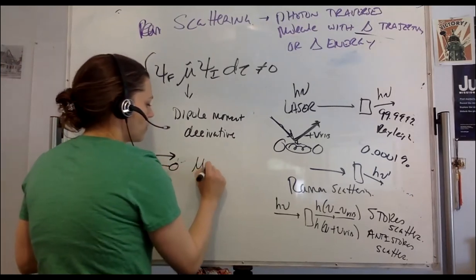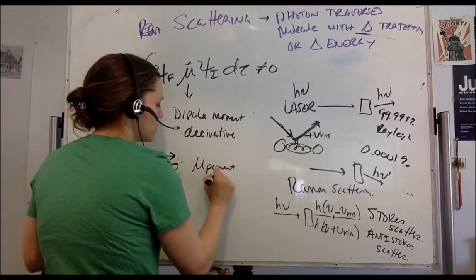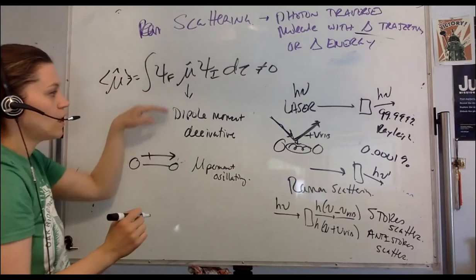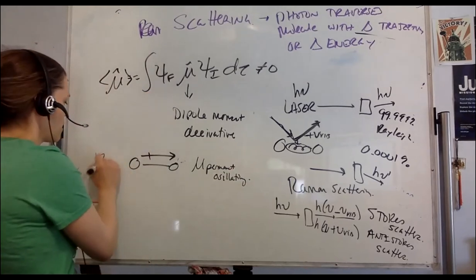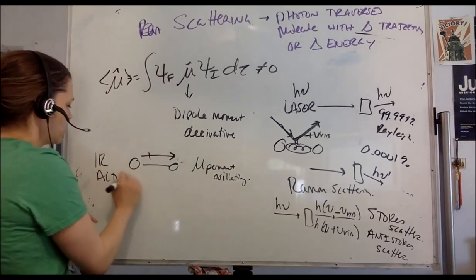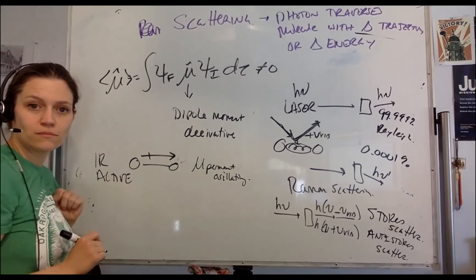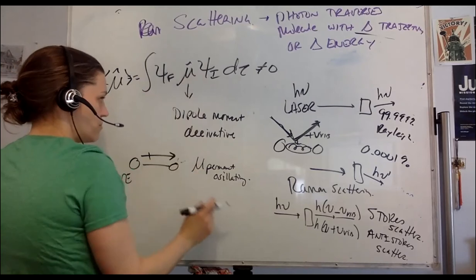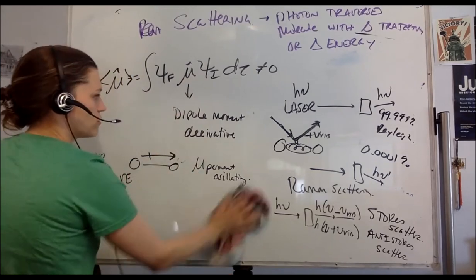So mu permanent oscillating, you have an IR active mode.